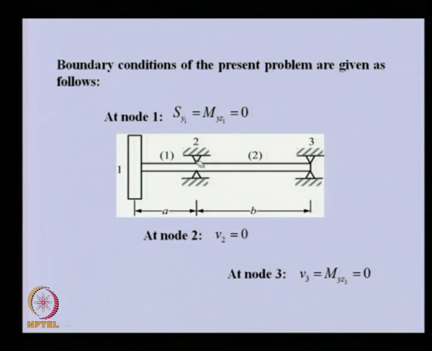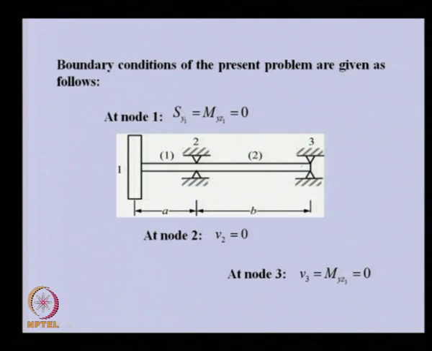At node 2, we have displacement 0 because this is a support, and at node 3, not only the displacement but moment is also 0. In this particular support, the moment is not 0. As such, this is not a simply supported condition. That's why this moment is not 0.